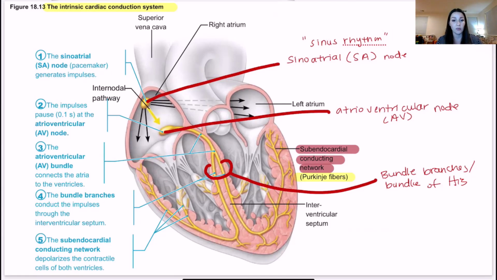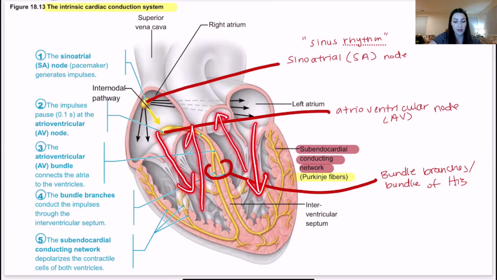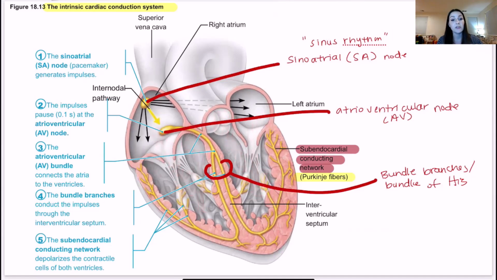This is really great how our intrinsic conduction system is organized, because if you think about it, first our atria fill. We pass all that blood into the ventricles, and then we need to push that ventricular blood to the next vessels. It needs to go up. Wouldn't it make so much perfect sense if the ventricles contracted first from the bottom at the apex, and then contracted last at the top near that atrioventricular septum?